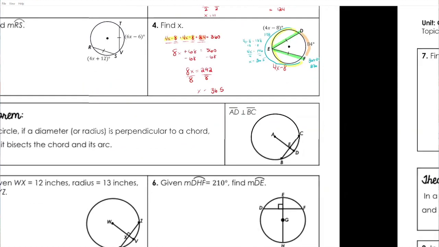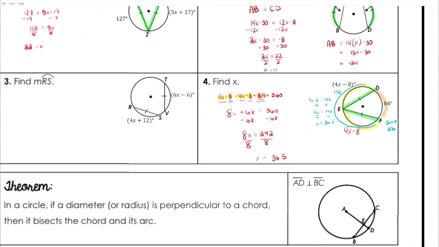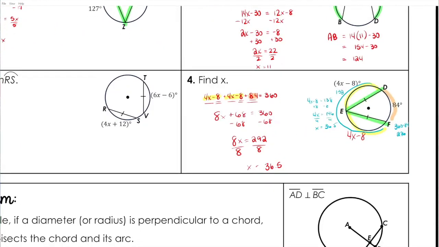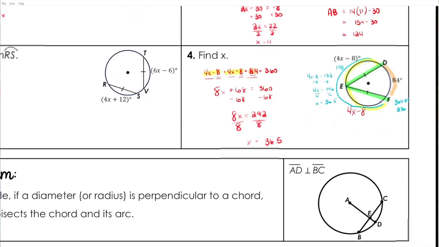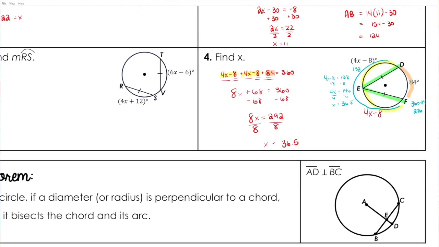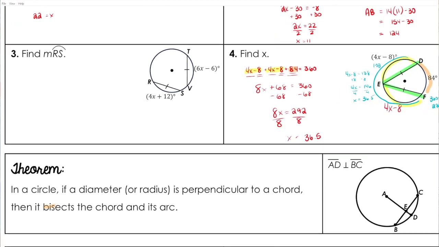Our second theorem, okay, tells me that if a diameter or a radius is perpendicular to the chord, it bisects the chord and the arc. Okay, so what does it mean to bisect? Cut in half, good. If I can write out cut in half.